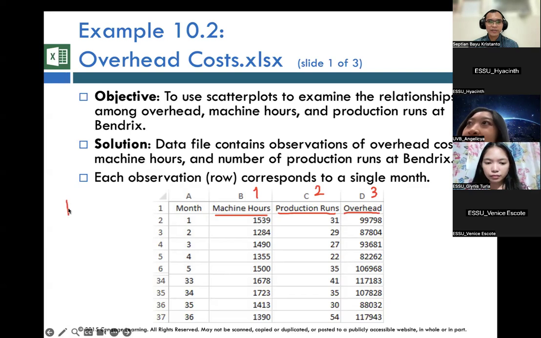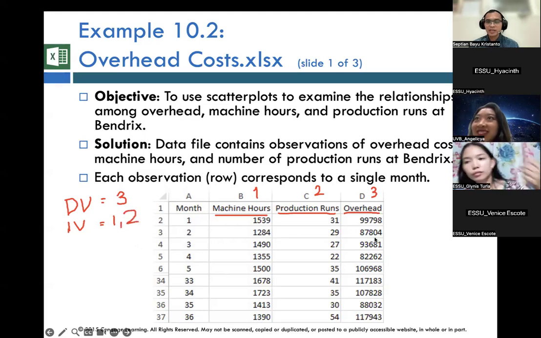As we learned, we have dependent variables and independent variables. The dependent variable is a variable that depends on other factors. In this case, let's say that overhead, number three, is the dependent variable, and the other ones, machine hours and production runs, are the independent or explanatory variables, number one and number two.